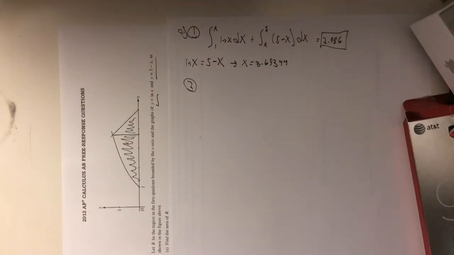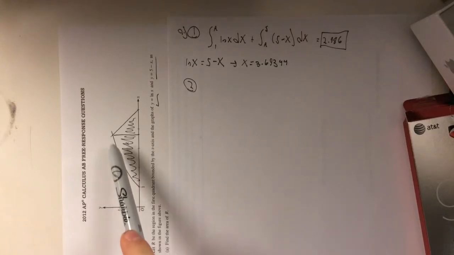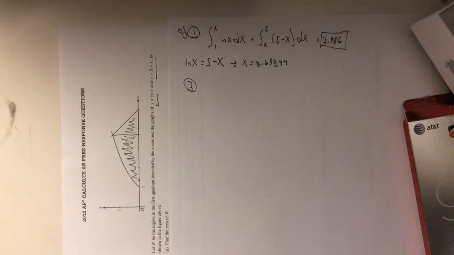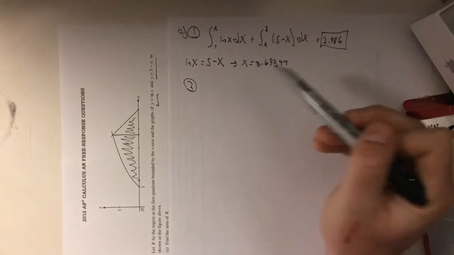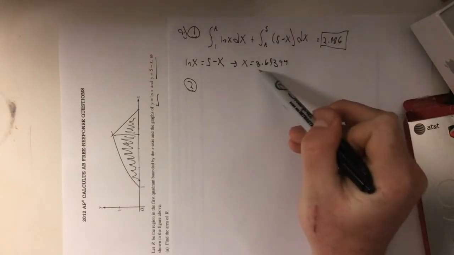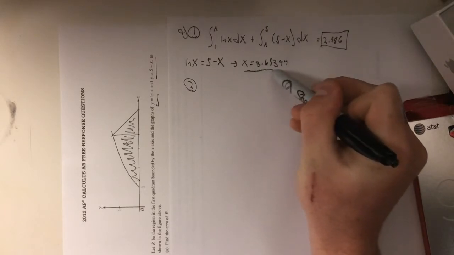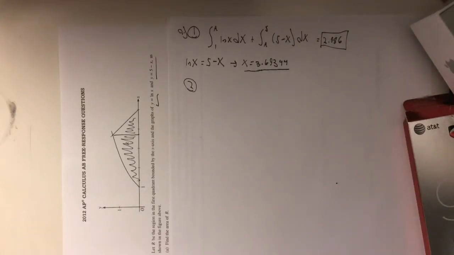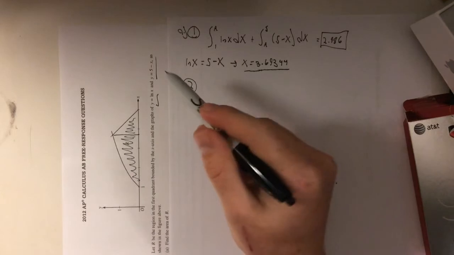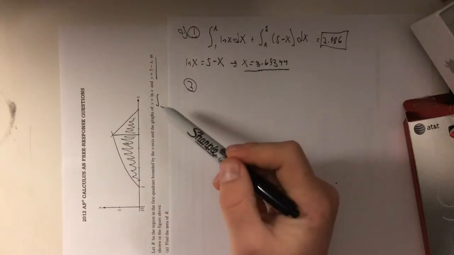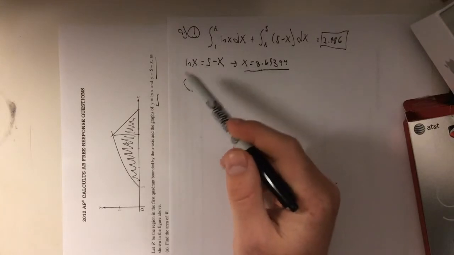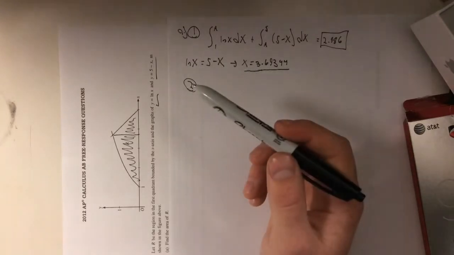The way I found where they intersect in terms of the y value is just by plugging in our x value of where they intersect, which is that, into the equation y equals 5 minus x, which is one of our lines. You could also plug it into y equals natural log of x, but 5 minus x seems a little bit easier to me.